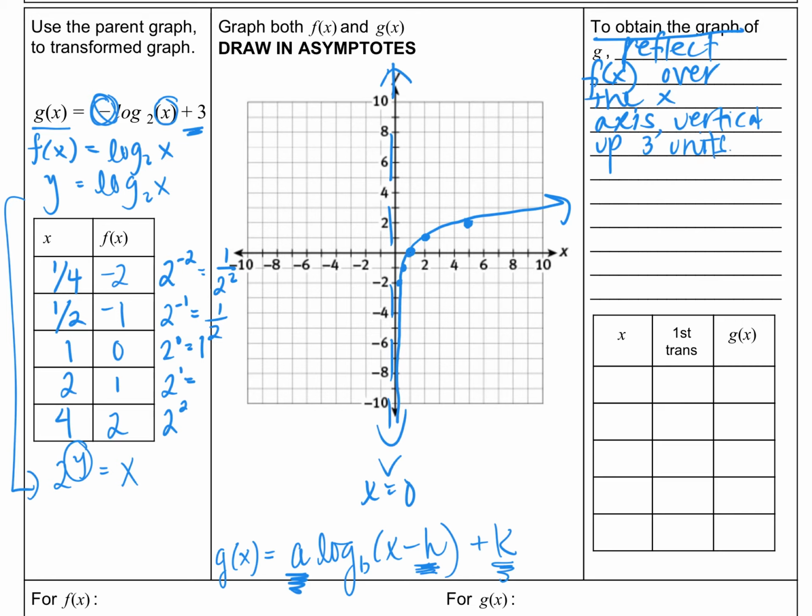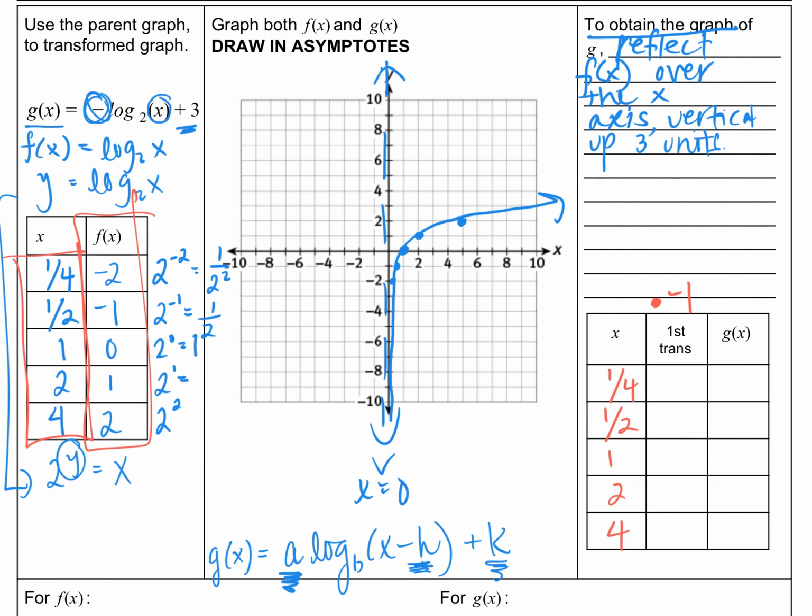So based off the things that are happening here, if I am reflecting over the x-axis, then the y values are changing. And if it's vertically up 3, the y values are also changing. So the x values are actually going to stay the same. I'm still going to have the exact same x values I had from my parent graph table. So if the first transformation is reflecting over the x, then we are multiplying our y values by -1.